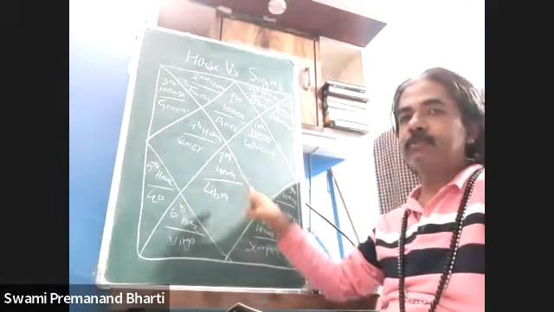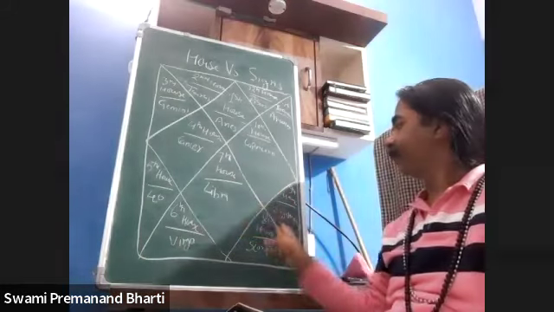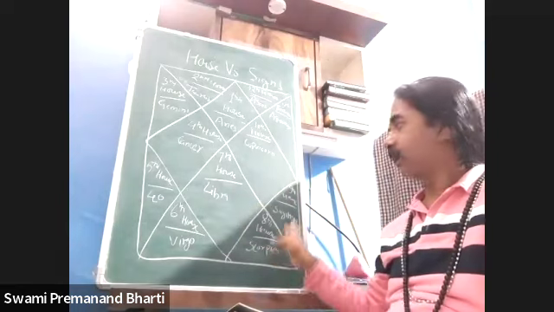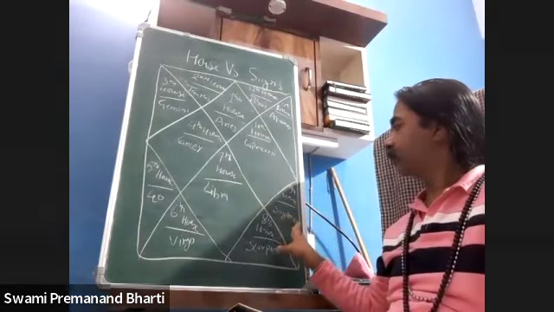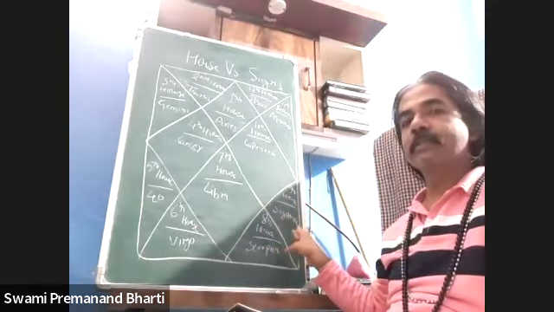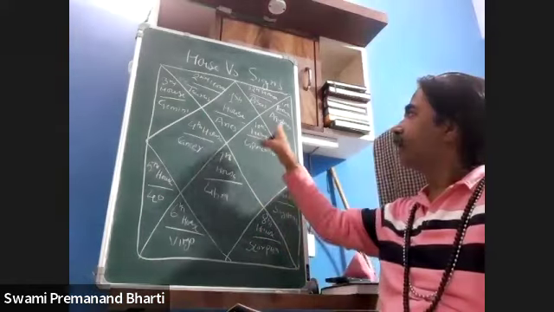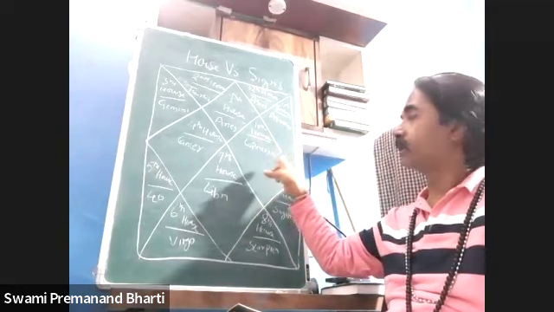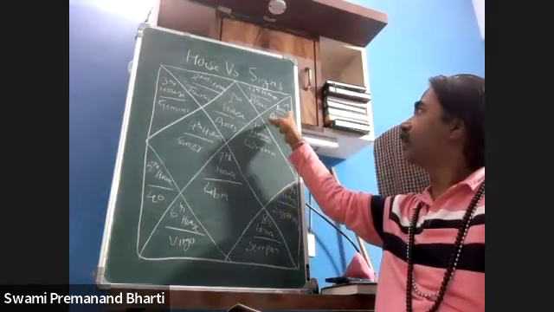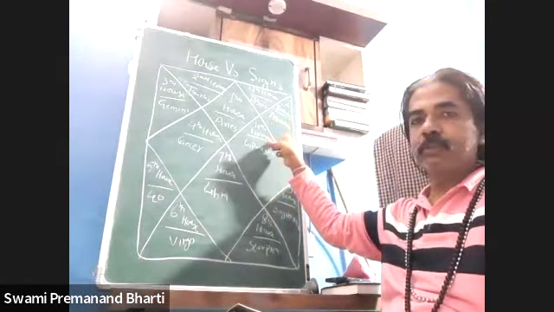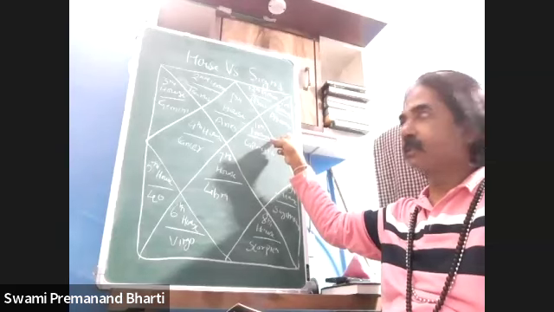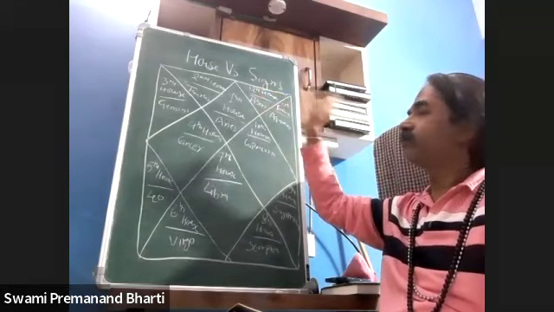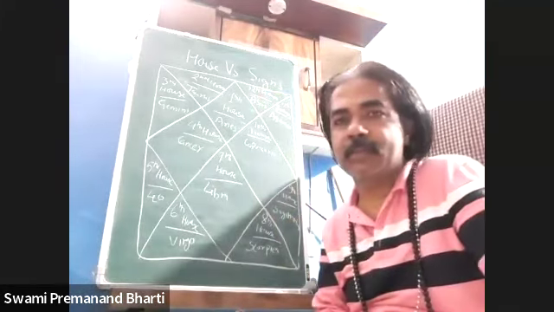Seventh house has the same energy which the seventh sign, Libra, has. Eighth house has the same energy which Scorpio, the eighth sign, has. Ninth house has the same energy which Sagittarius, the ninth sign, has. Tenth house has the same energy which Capricorn, the tenth sign, has. Then 11th house has the same energy which Aquarius sign has, the 11th sign. And the 12th house has the same energy which Pisces has, the 12th sign.